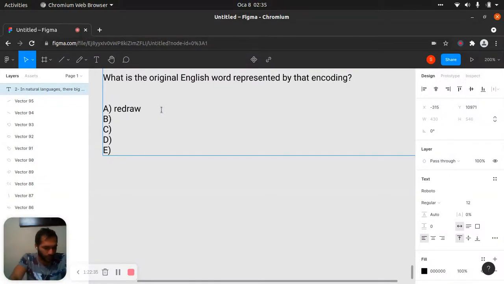Draw, and the other one will be reward. Amazing words. Then we have drawer, right? Then we have order. Then we have word, right? I think word. Anyway, later we can look for it. Yeah, this is a word, okay? Don't worry about that.